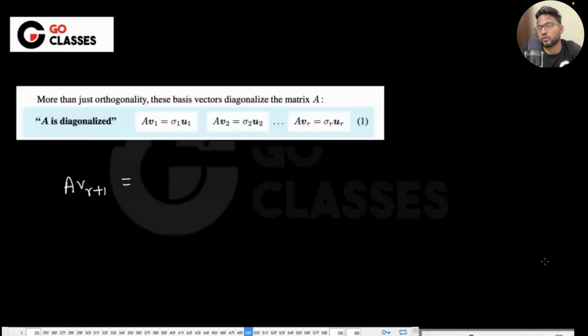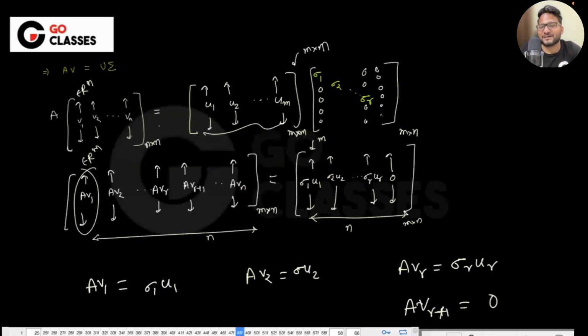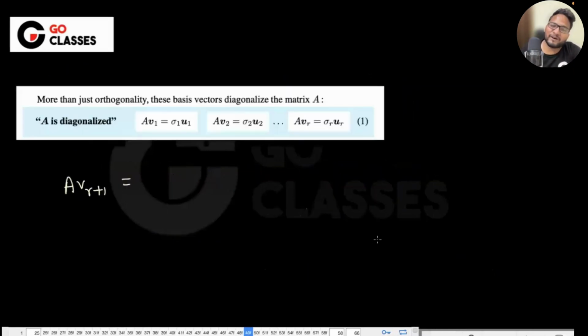Here u doesn't mean the pronoun you. You means a symbol u or a vector u. Not you. I mean, you have a very good role to play in your rank. Again, rank is not the rank of a matrix. Rank means gate rank. Anyway, maybe a bad joke, but that's fine. So A v(r+1) is basically ultimately 0.